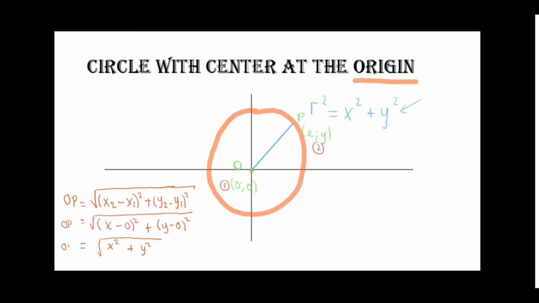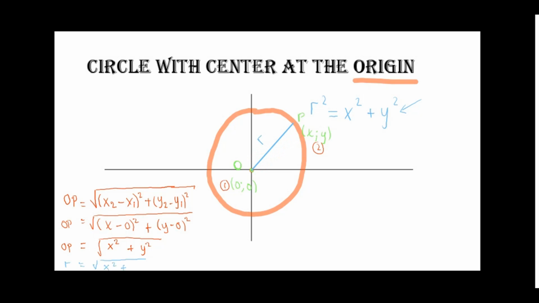And what do we know about OP? The line OP is the radius of our circle. So you can simply say that OP, the radius, is equal to the square root of x squared plus y squared.